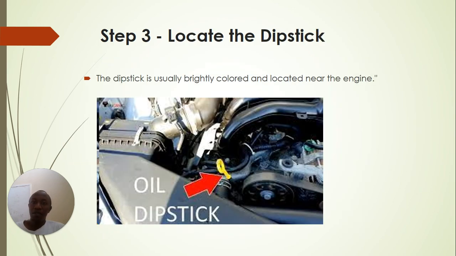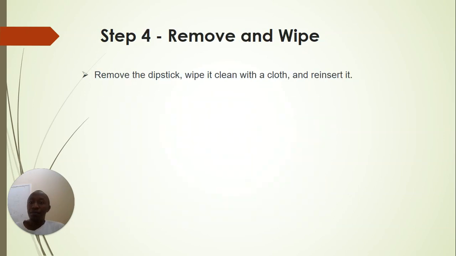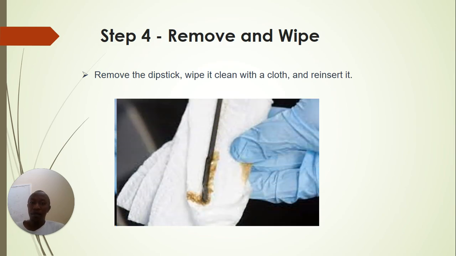The third step is you locate the dipstick. It is easy to locate because it is usually indicated by a bright color, so you will be able to spot it easily. You just locate it near the engine. The fourth step is you remove and wipe the dipstick.